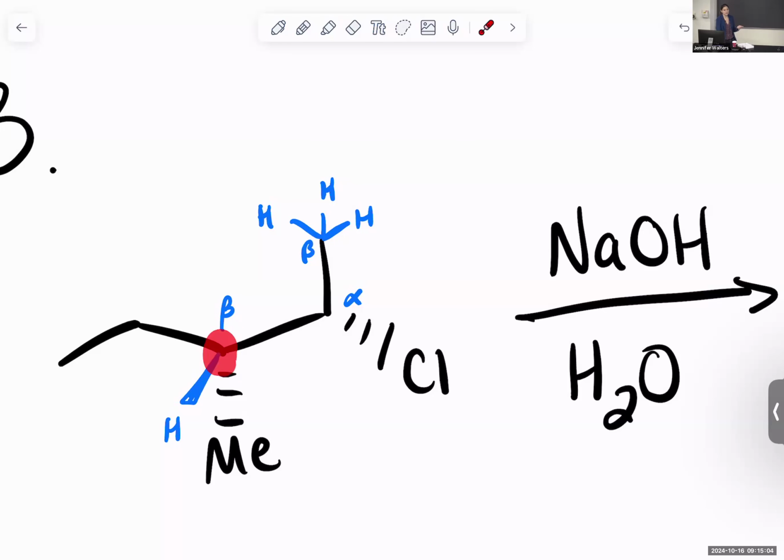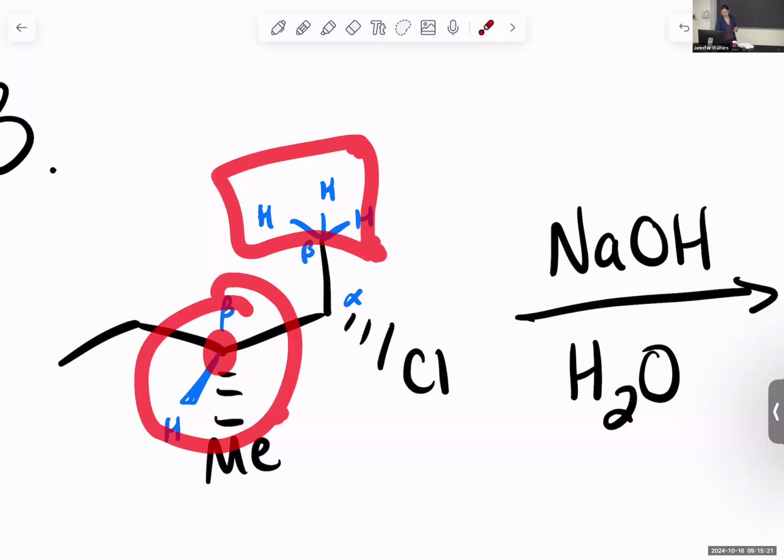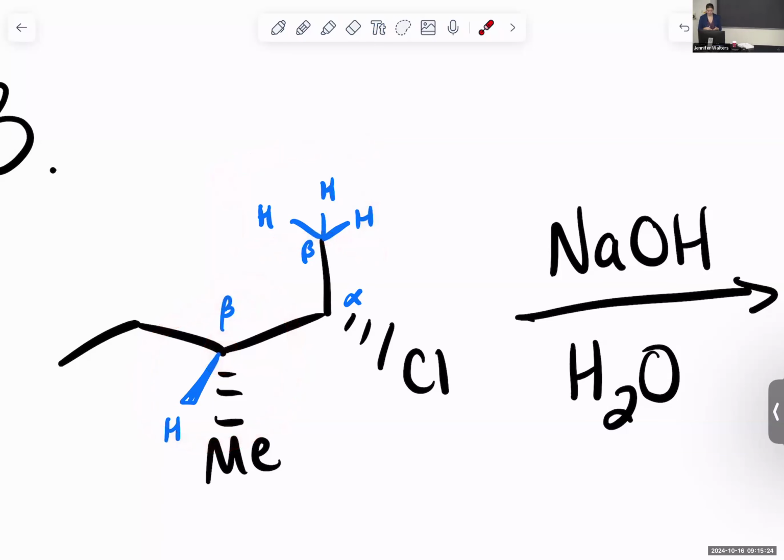So if I don't need to worry about sterics, I'm going to make the most stable alkene, right? Now the stability of the alkene was more important, which was that thermodynamic argument, right? So if I take from the less substituted side, that happened quickly, that was kinetic. But taking from the more substituted side, that is thermodynamic.